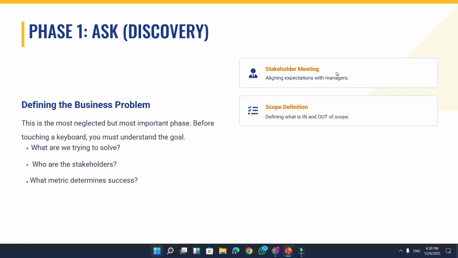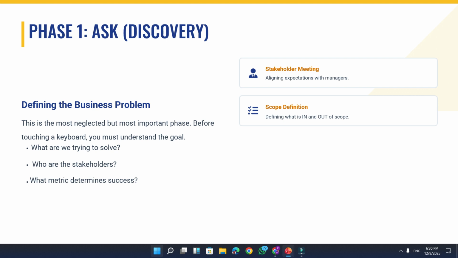So here you will conduct a number of activities, like you will need to meet the stakeholders, and you will define what is in and out of the scope of the project.